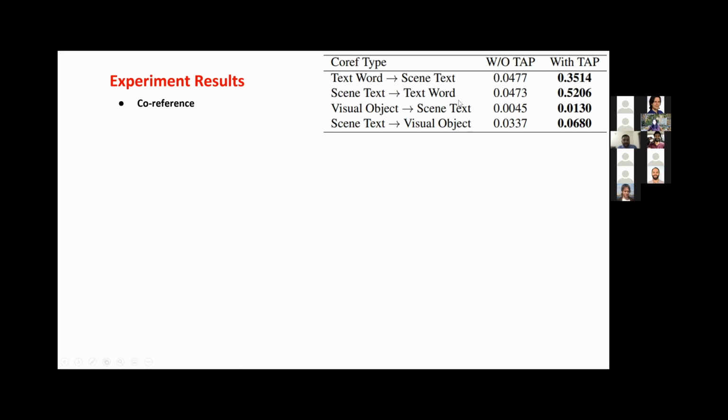The first two rows show that text-aware pre-training improves the text-language co-reference scores by about 7 times. And the bottom 2 rows show that text-aware pre-training increases the text-visual co-reference scores by 2 times. So these increases validate that text-aware pre-training successfully learns the latent alignment and thus improves joint representation learning.